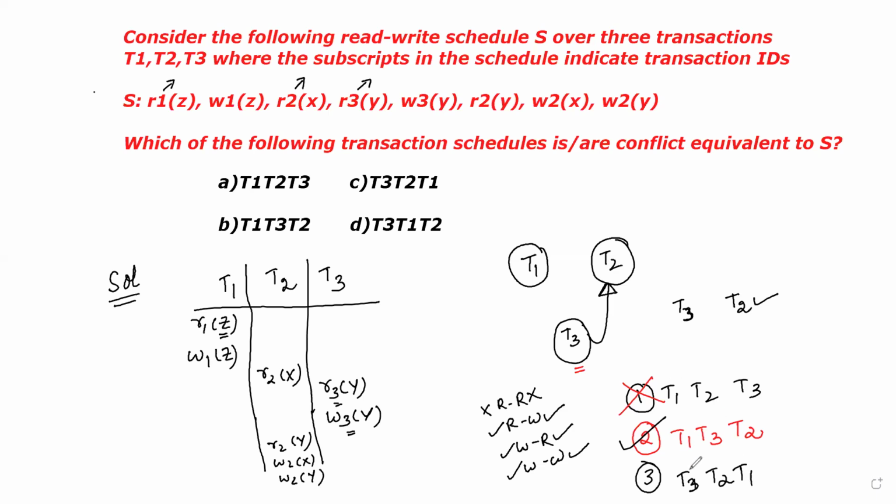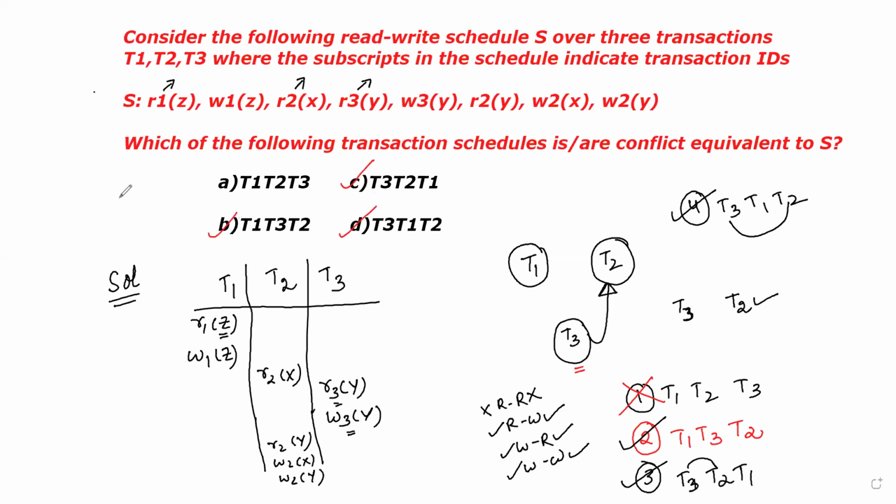After T3, T2 came, so this is also right. Fourth one: T3, T1, T2. After T3, T2 came again, so this is also right. So the final answer for this question is B, C, D.